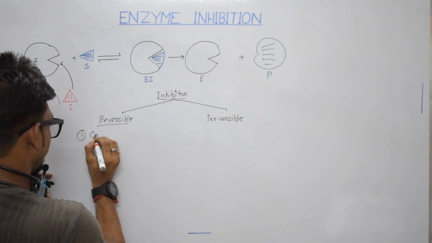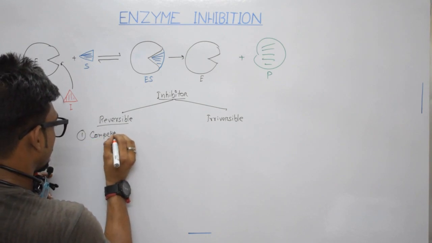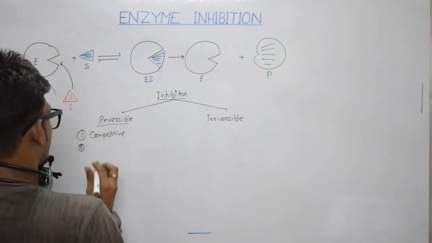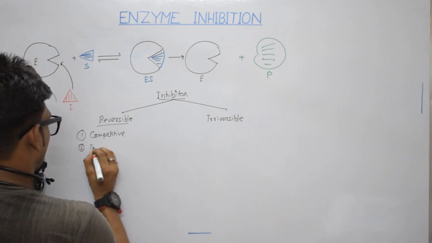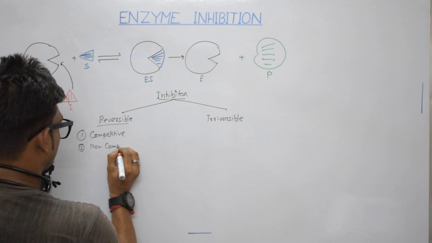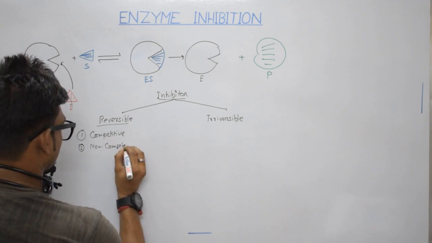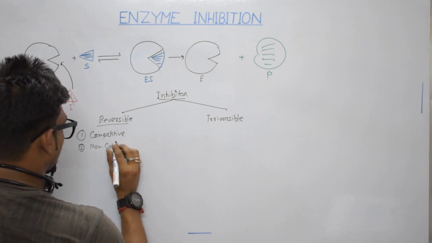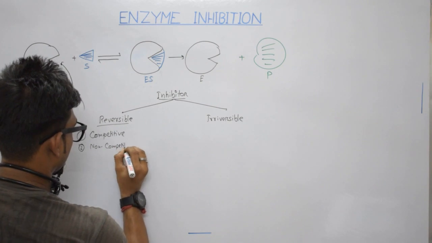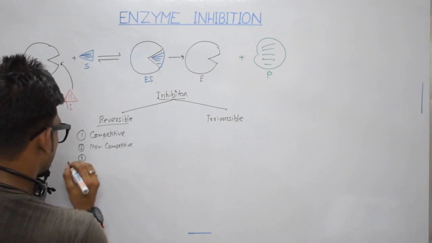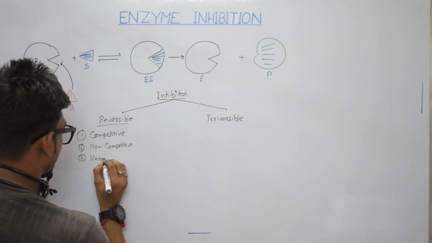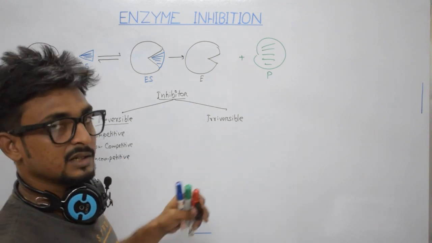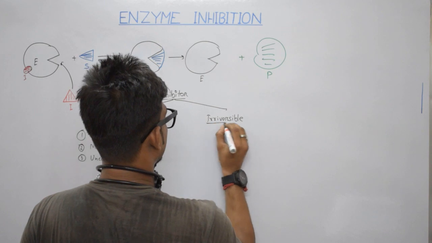One is competitive inhibitor or competitive inhibition. Number two is non-competitive, and the last one is the uncompetitive. Uncompetitive inhibition.